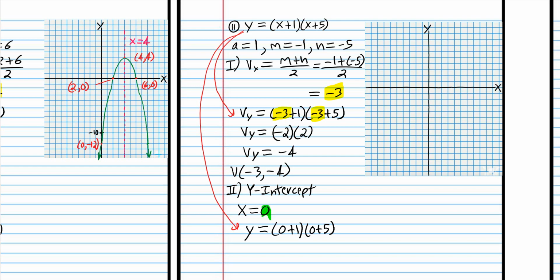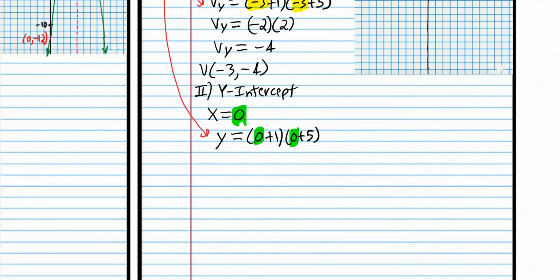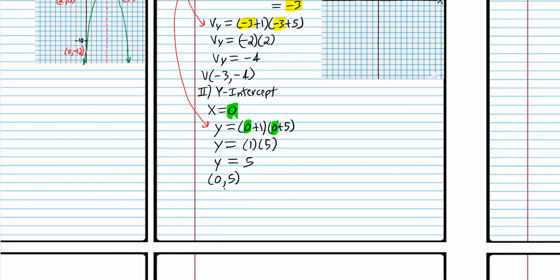And just to be absolutely clear, I got that 0 from there. And you can see then y is equal to 1 times 5, which is 5. So the y-intercept is (0, 5).